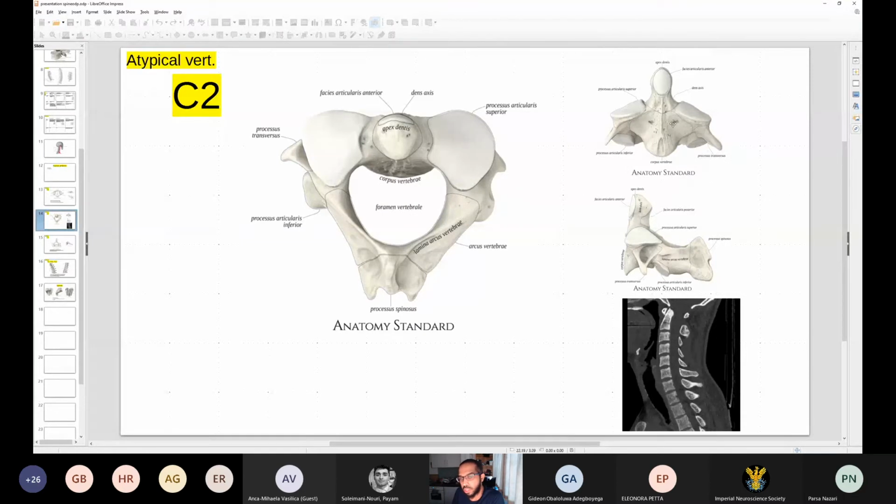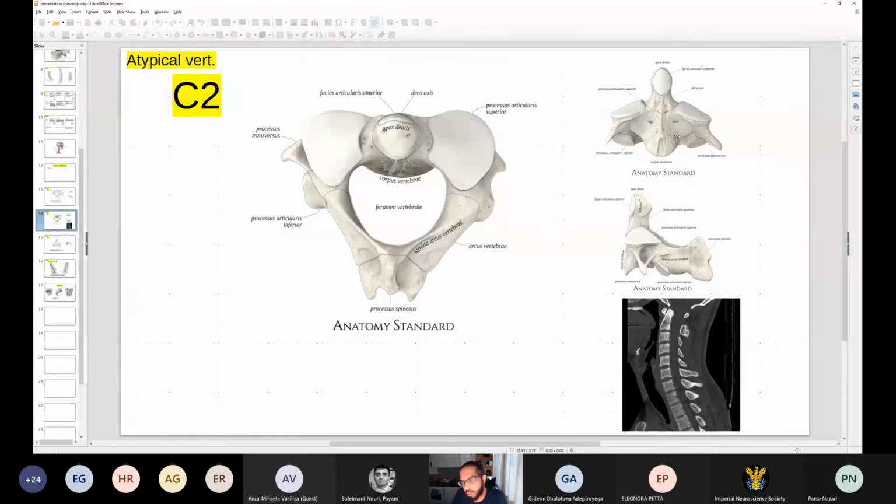So you can see the body. It has a body here. However, this body is producing this extension of bone superiorly, and this is called the odontoid process or the dens. In terms of the lamina, it has lamina as in normal or typical cervical vertebrae.